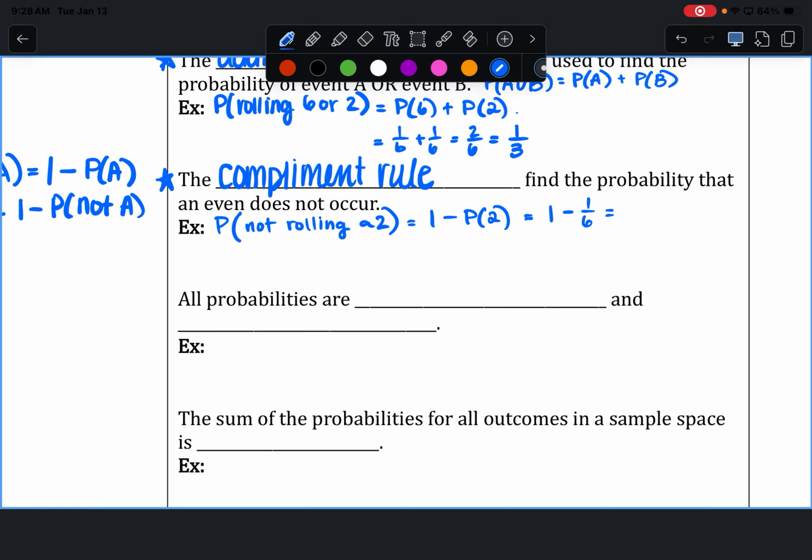What is 1 minus 1/6? 1 is the same thing as saying 6 over 6, which, what is 6 over 6 minus 1 over 6? 5/6. Yeah. 5 out of 6 chances of us not rolling a 2. Because how many of these sides are not 2? 5. Okay?